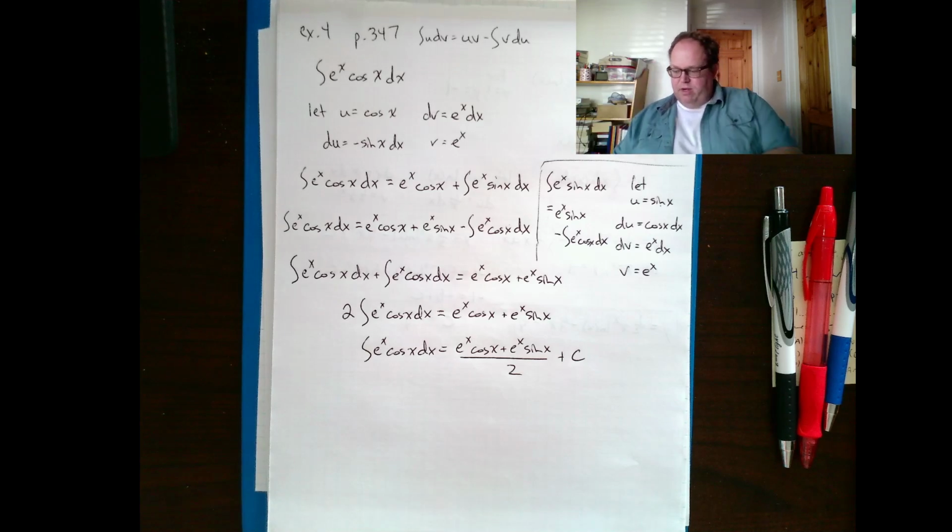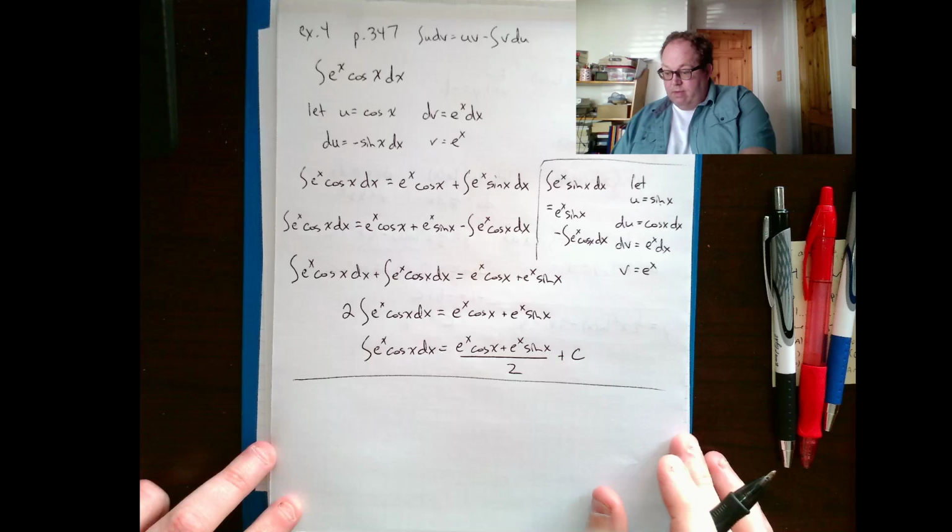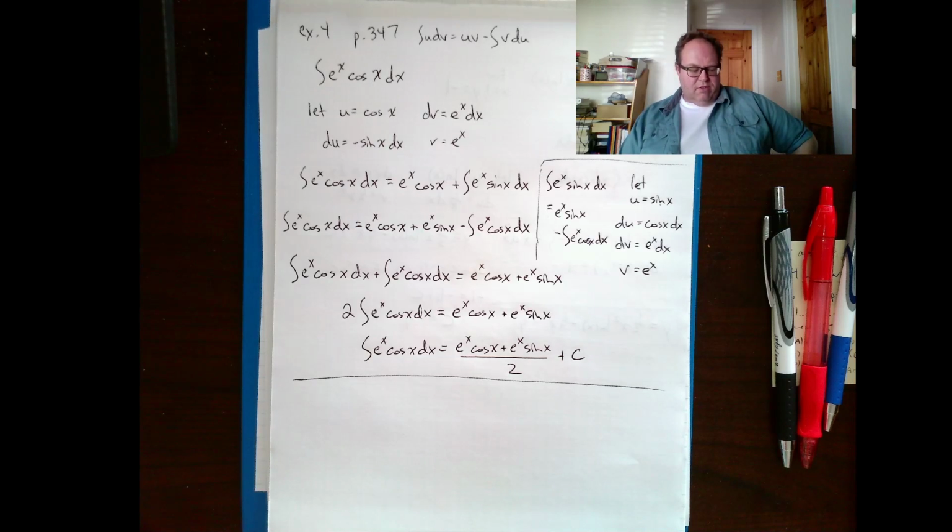I'm going to mention briefly here in reference, but I'm not going to do much with it. Examples 5 and 6 refer to something called tabular integration. It's really a shortcut for a time when you might find yourself using integration by parts multiple times. I'm not going to go through the process right now.